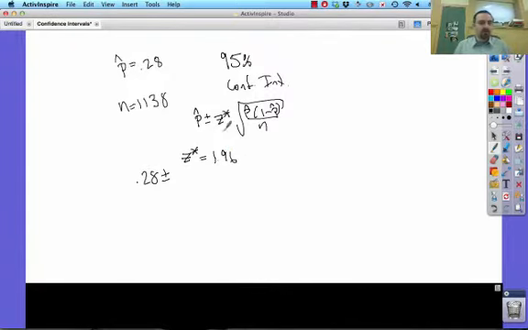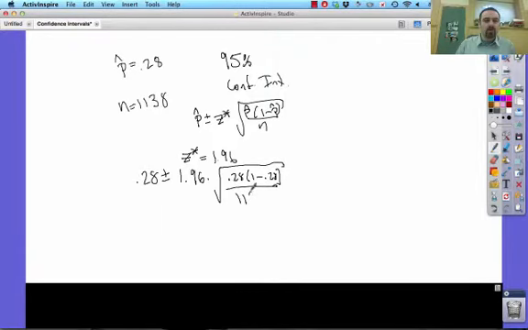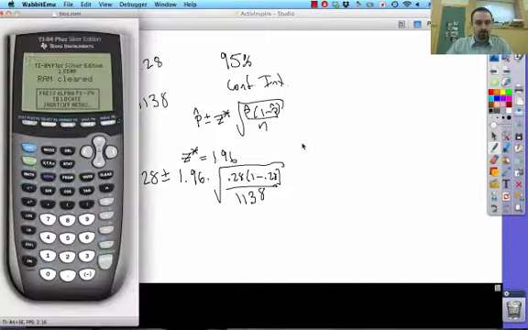Now, this is not a t star problem. We don't need degrees of freedom, so we just say 1.96. So I put 1.96 times the square root of 0.28 times 1 minus 0.28 divided by 1138. Let's go ahead and do it.